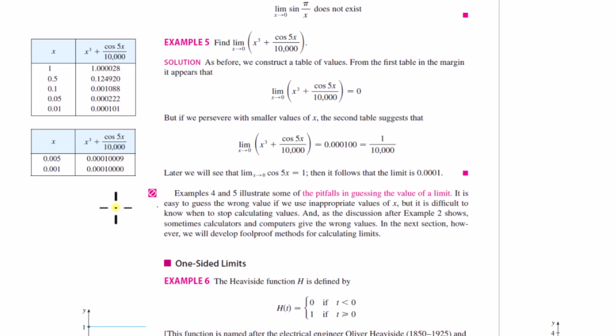Even furthermore, sometimes the calculator can't get as close as we might need, and then rounding errors come into play. And so in the next section, section 3 of this chapter, we'll start to develop more foolproof techniques for evaluating limits.